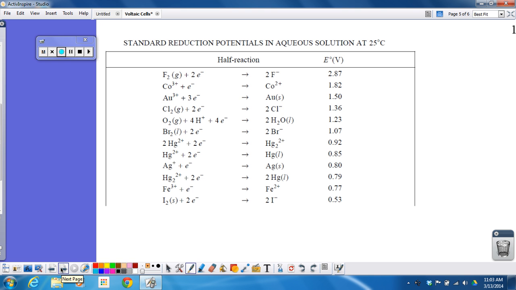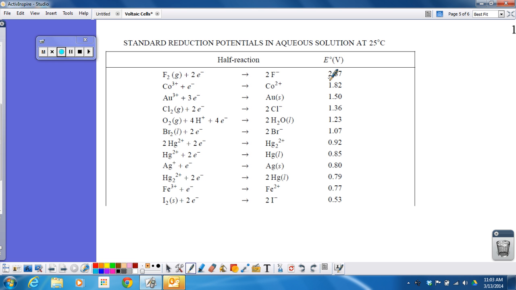Okay. So what we end up with is a table of standard reduction potentials in aqueous solution. You have this as one of your handouts. This is just a copy of the top part of that potential table. So F2 gas being reduced to F- ions, the standard cell potential for that half reaction is 2.87.